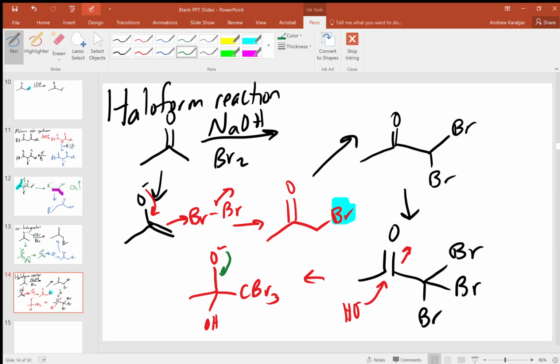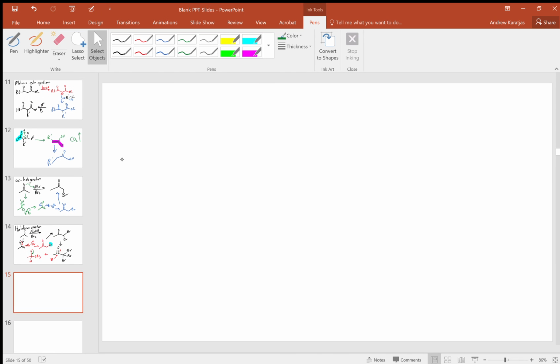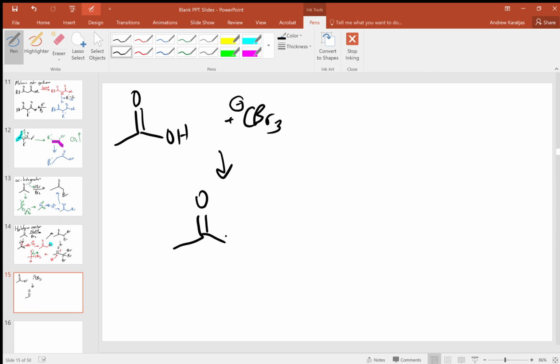And so the O- kicks out CBr3, and we end up with a carboxylic acid plus the carbon tribromide anion. That'll deprotonate the acid, giving us a carboxylate salt, which upon quenching with acid gives us our carboxylic acid back.